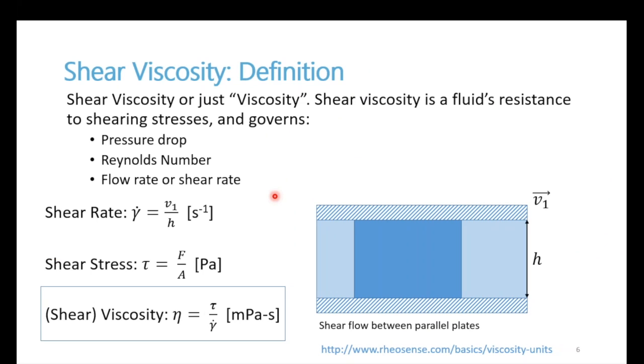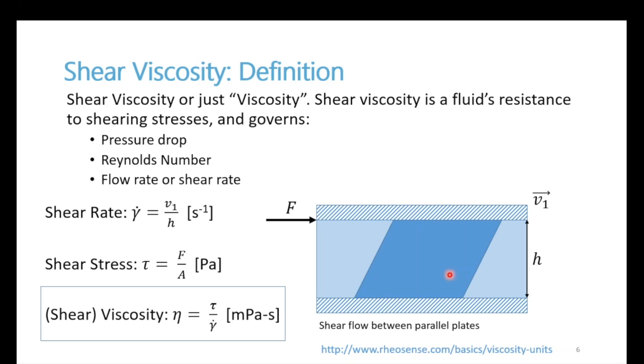So you can imagine that if you have fluid contained between two parallel plates, and you are just highlighting here a part of that fluid, if you start displacing the upper plate at a velocity v1, then to overcome the shear forces that are exerted by the fluid, or the fluid's resistance to flow, you're going to need a force. And this is what's going to happen. Your fluid is going to get sheared in between those two plates.